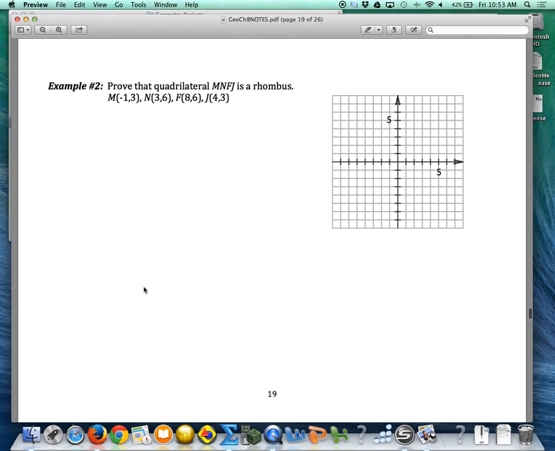Okay, so example number 2, prove that MNFJ is a rhombus. Okay, so right now graph that, please.